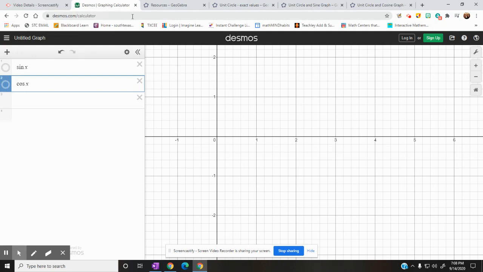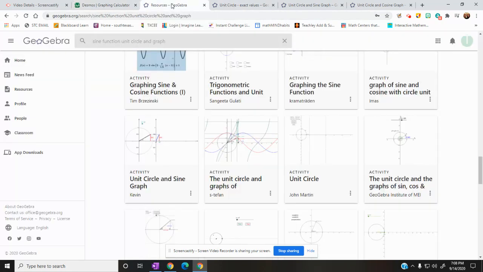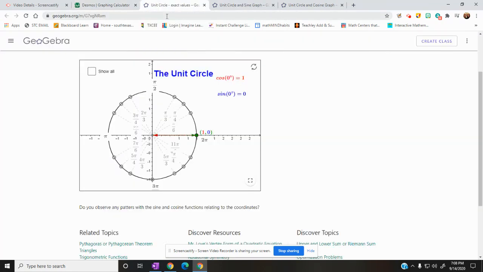Okay. So is it this one? No, it's not this one. Okay. This one. Okay. So here's a little hint on the Easter egg. We were talking about degree measures and we're talking about radians.